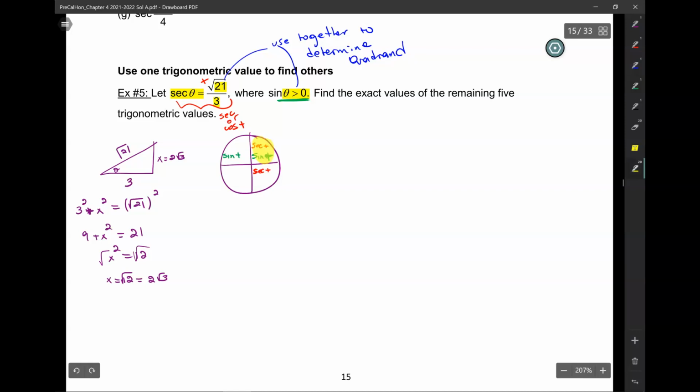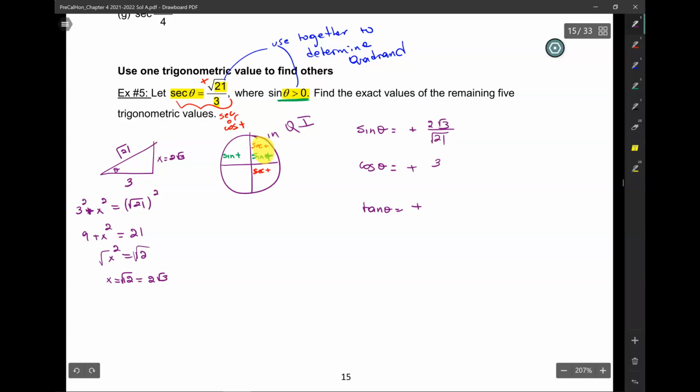So my angle is in quadrant 1. Why does that matter? Because now when I need to find sine, cosine, tangent, I know that they're all going to be positive in that quadrant.